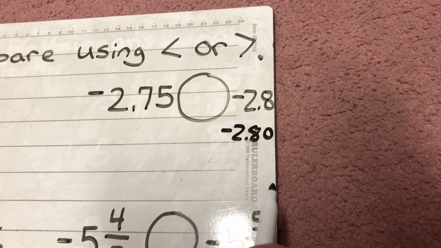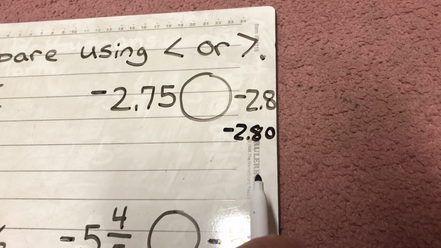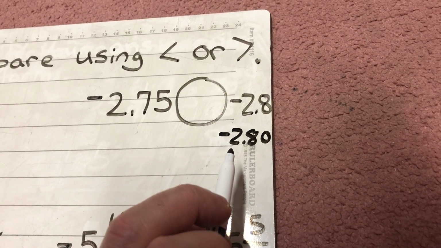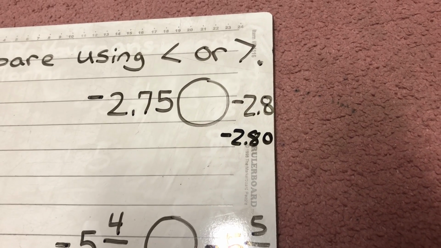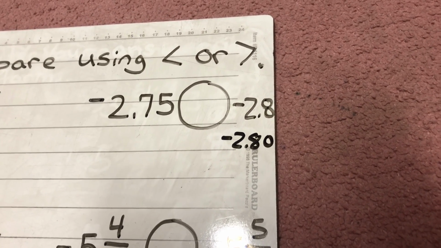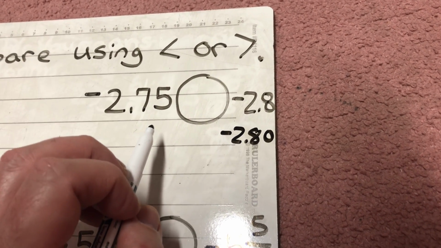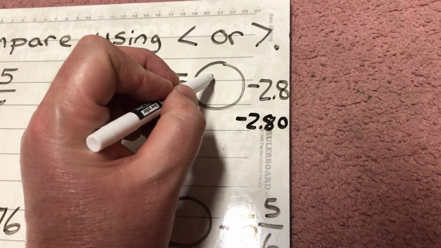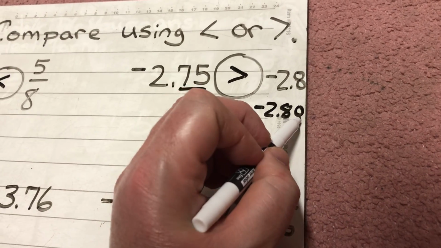And as I know with negative numbers, the bigger the digit, the smaller the actual number. The idea, remember, of the pieces of candy. You would want less pieces of candy taken because you would end up with more. So in this situation, the bigger number, the one closer to 0, is the one with the smaller digit, 75, being smaller than 80.